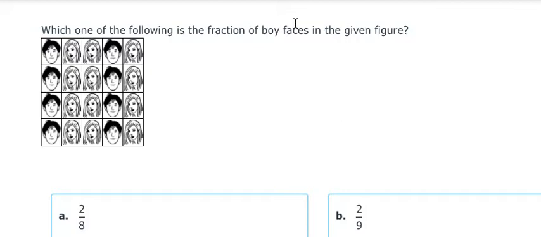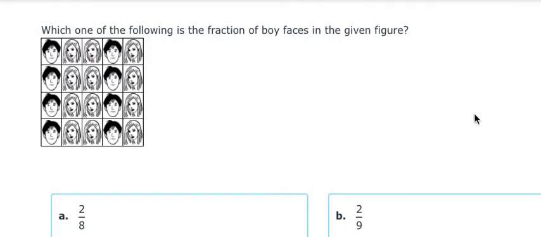So 8 by 20. First we count the total number, 20, and the shaded ones, 1, 2, 3, 4, 5, 6, 7, 8, so 8 by 20. But we don't have that, so let's divide. We'll find a common factor of 8 and 20.